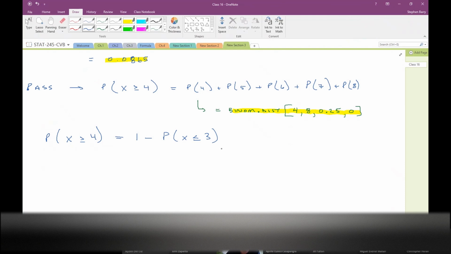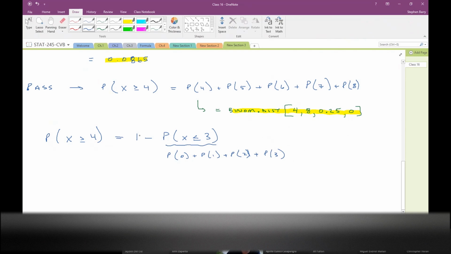Right, which is the same thing. Less than or equal to 3 is the probability of 0, 1, 2, or 3. And here we can use the cumulative function.